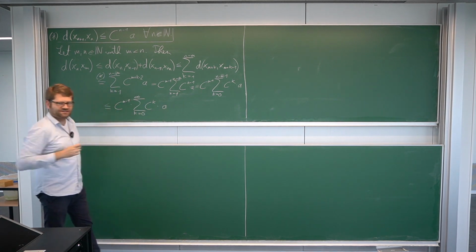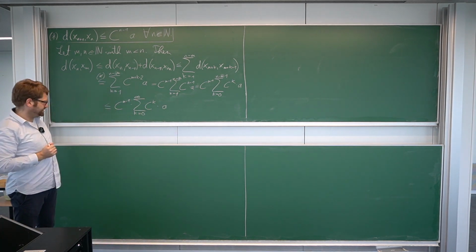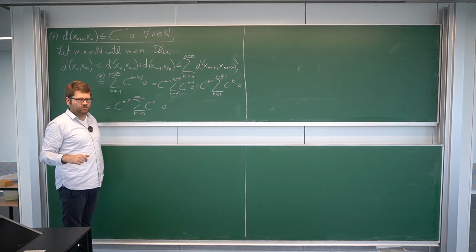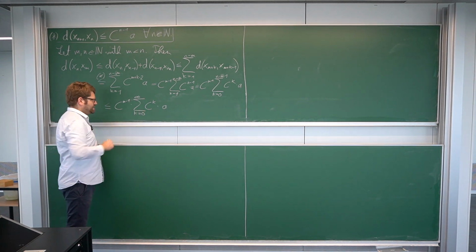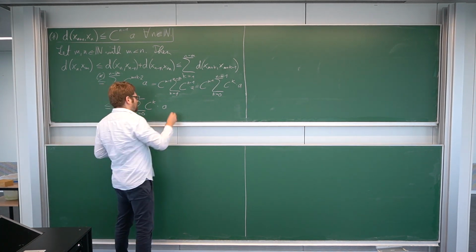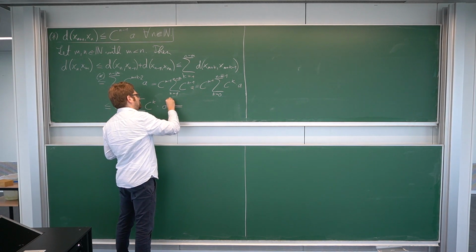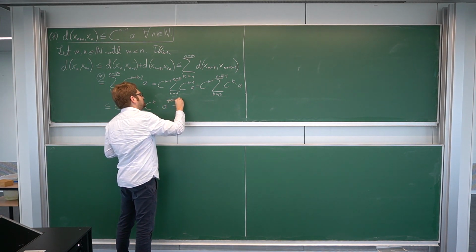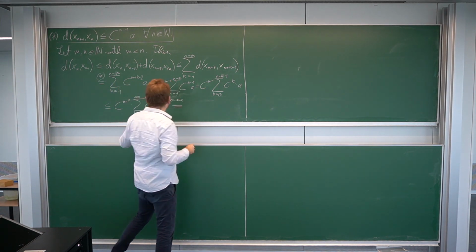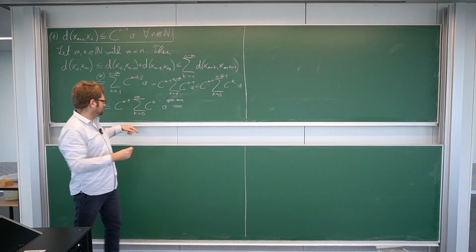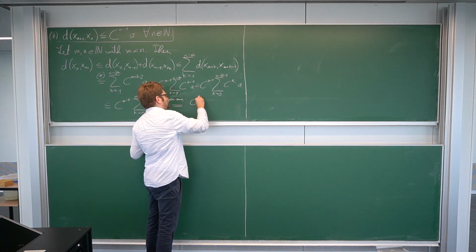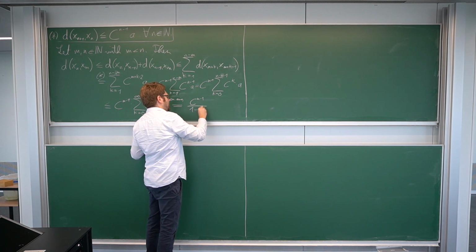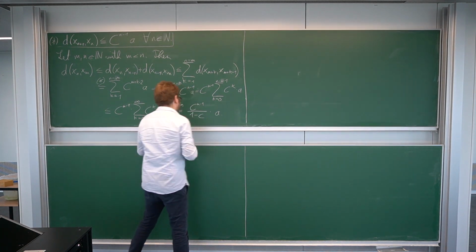If you take a look at this, this is the geometric series in c, and since c is smaller than 1, we know from Mathematics 1 that this converges. We also have a formula for this expression: it is 1 over 1 minus c, so the whole thing is c to the m minus 1 over 1 minus c times a.